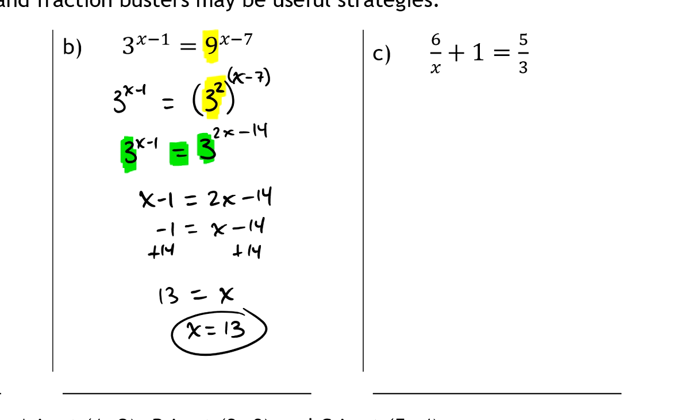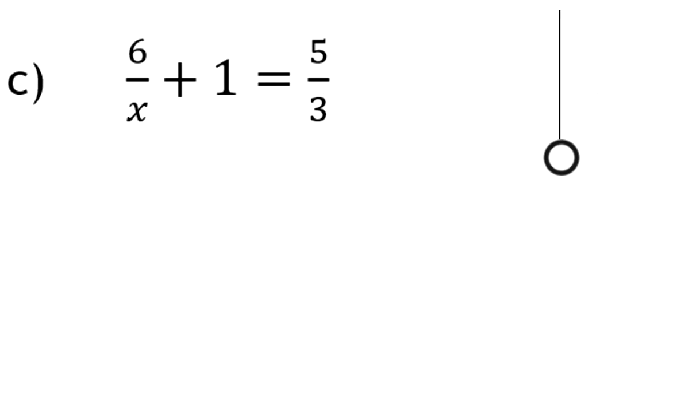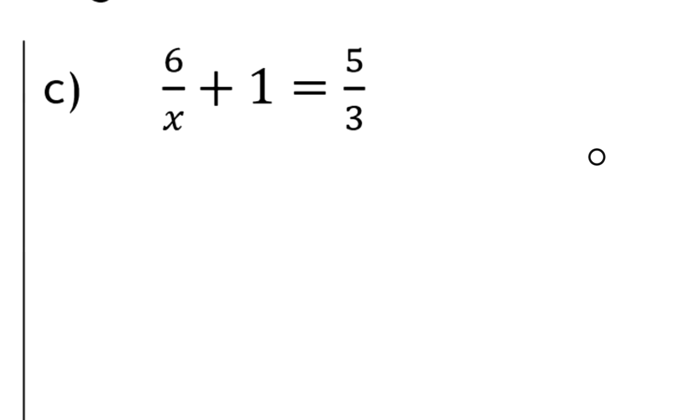All right, and finally we'll look at an example of this technique our textbook called fraction busters. As I look at this equation, I can see I have denominators with an x and a 3. I can take this a little bit at a time, and that's totally cool. I can, for example, multiply both sides of this by 3 over 1.